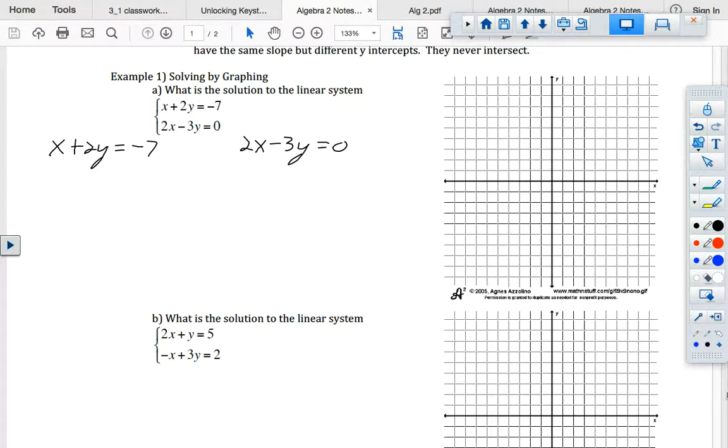I'm just going to give you guys a little bit more time. All right, so for the first one, what was our first step? Subtract x from both sides. Excellent.